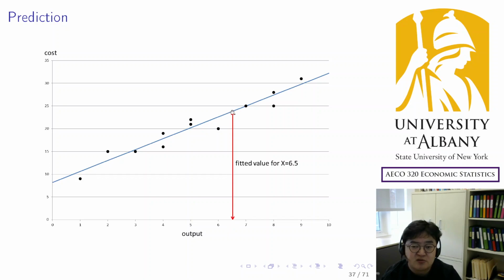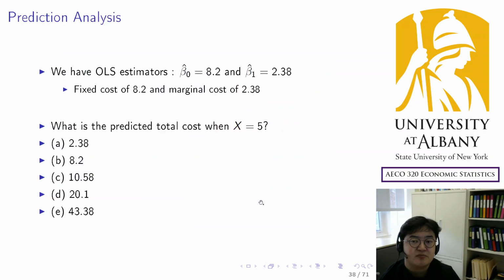Then it will cross the trend line. That point is the predicted value. This height is the fitted value for x equals 6.5, right? You can do it at any point, like at 10, at 3 point something, whatever. So mathematically, that is really straightforward.